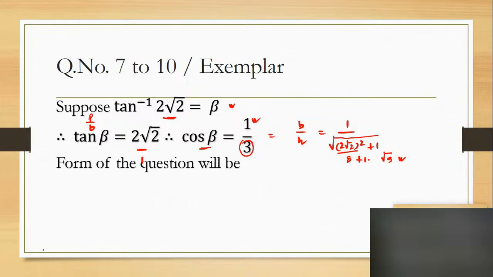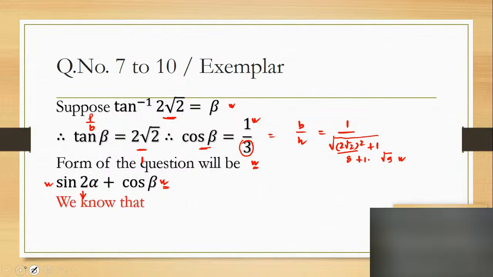Let's see the form of the question: sin 2 alpha plus cos beta. We recall that sin 2 theta equal to 2 sin theta into cos theta.